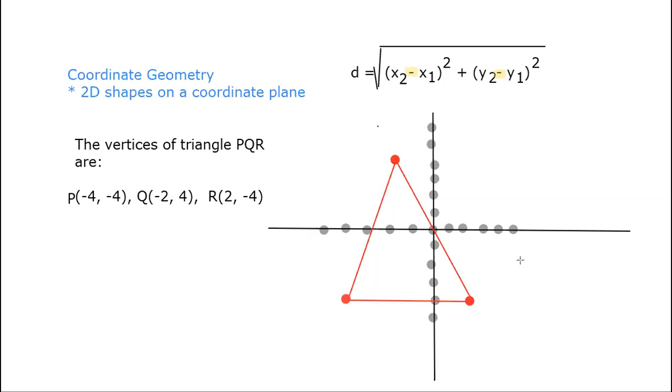But what we can tell for sure is the length of this bottom side. Because we were at -4, -4, and that's our P. And then the R is at 2, -4. Q is at -2, 4.